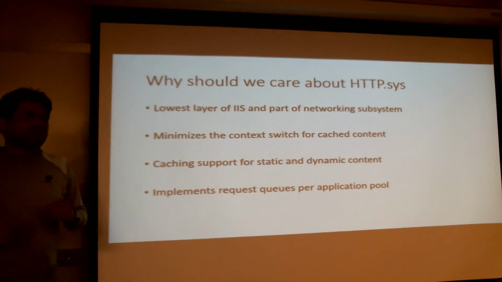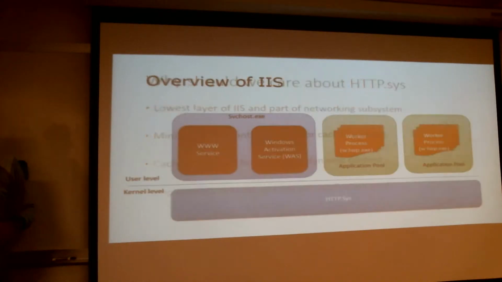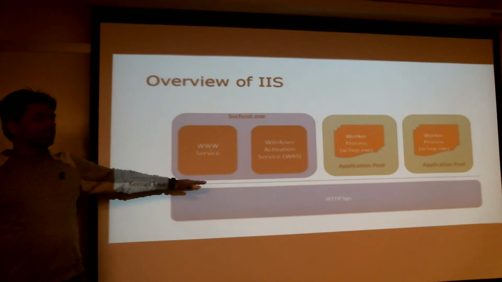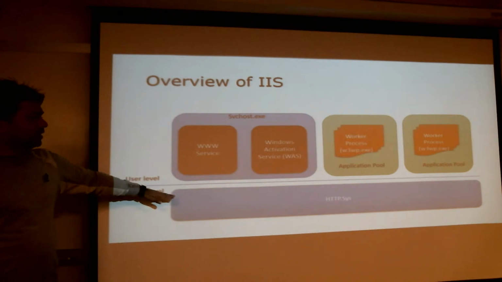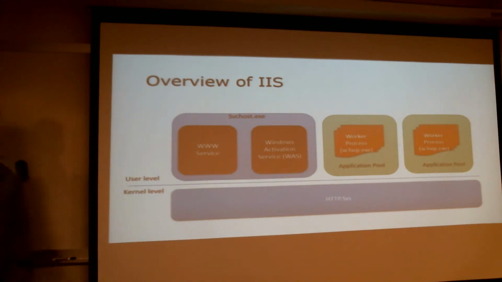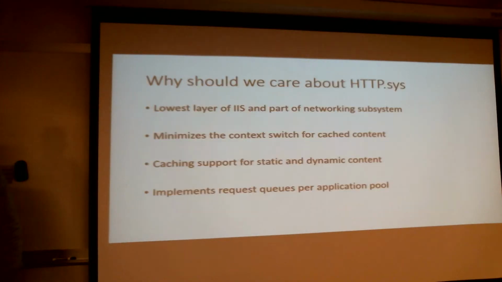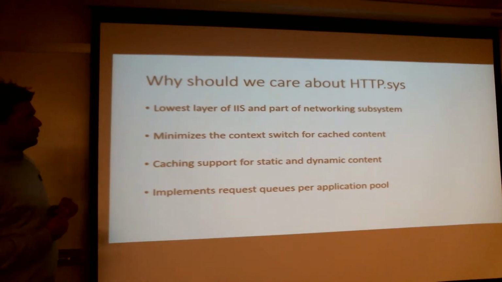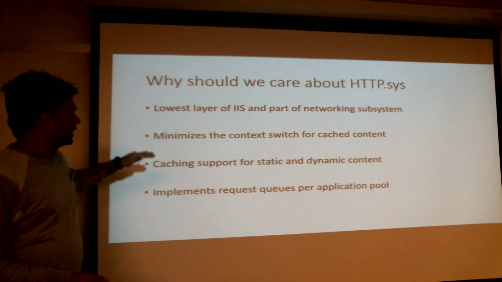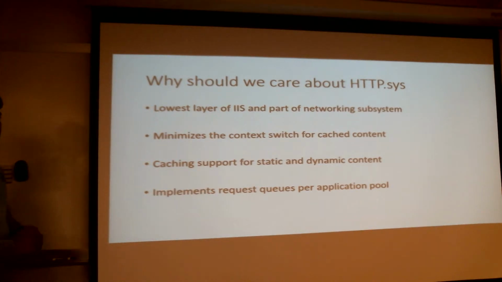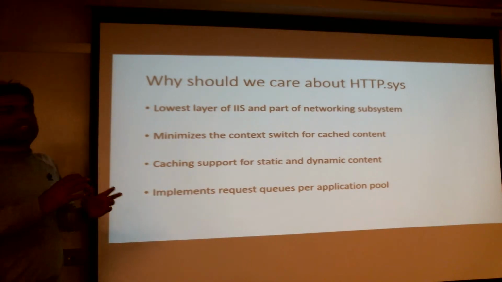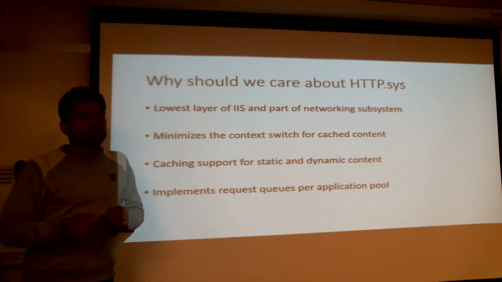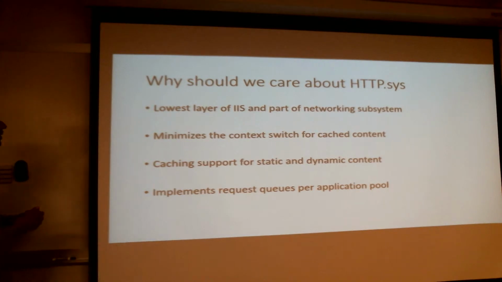So we'll try to cache something at the HTTP.sys level. If we can cache data here, it will be pretty quick, right? Why should we care about HTTP.sys? As I showed, this is the lowest layer of IIS, and if you read MSDN, they say it is part of the TCP subsystem, receiving right from the network as a listener.